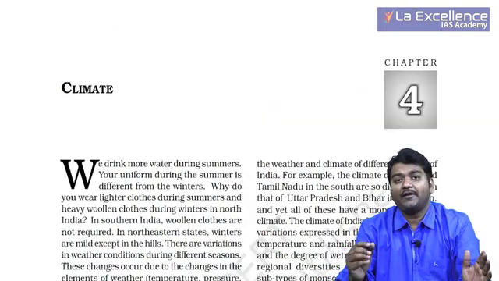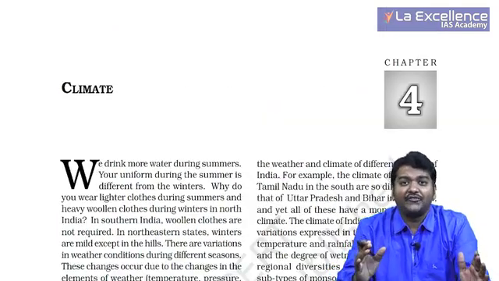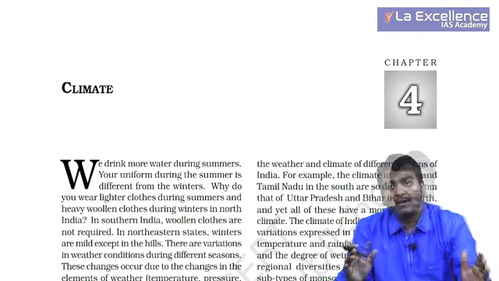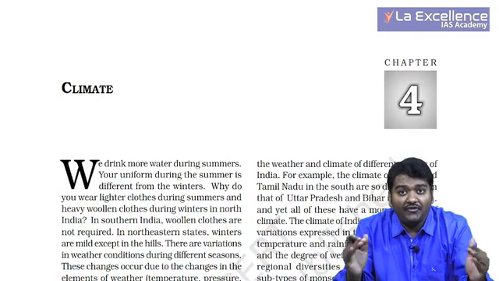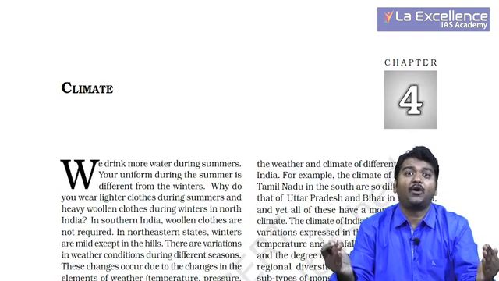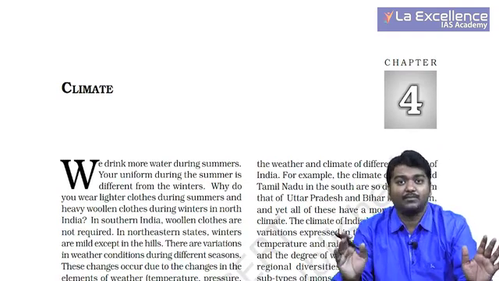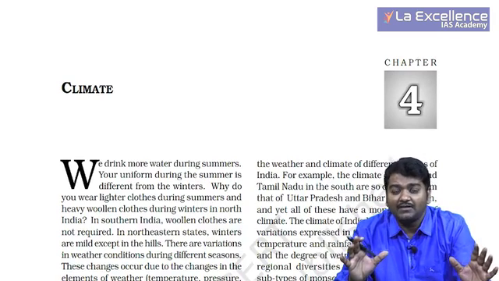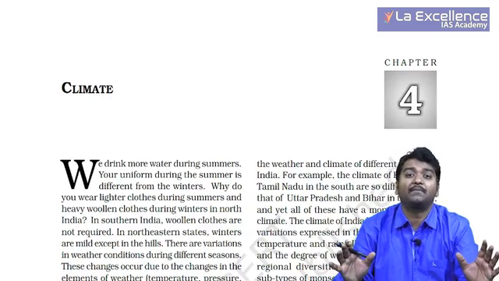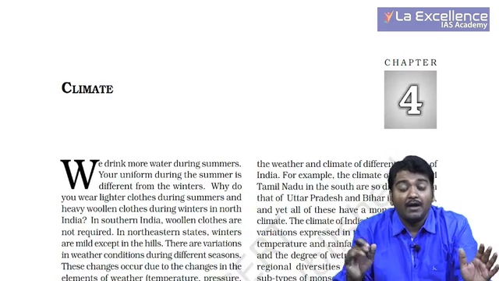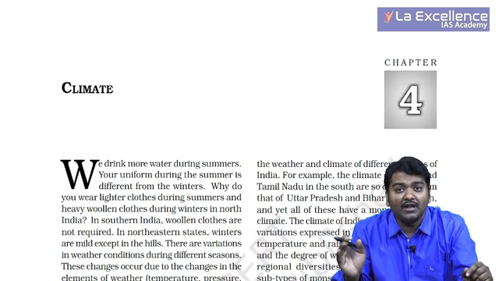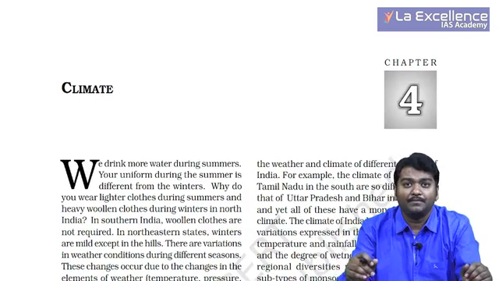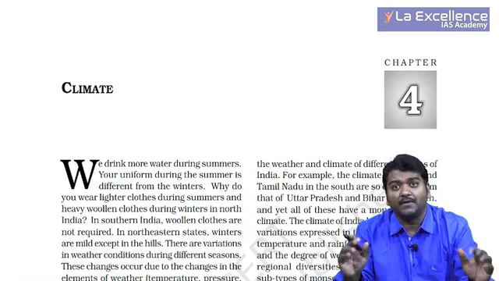As you're all aware, in India, in different seasons, we see different types of climate, and within India, in different areas, we see different types of climates. For example, summer in Kerala and Tamil Nadu is completely different from summer in North India. It will be extremely hot in North India, but in the South, it will be normal, or the same throughout the year.